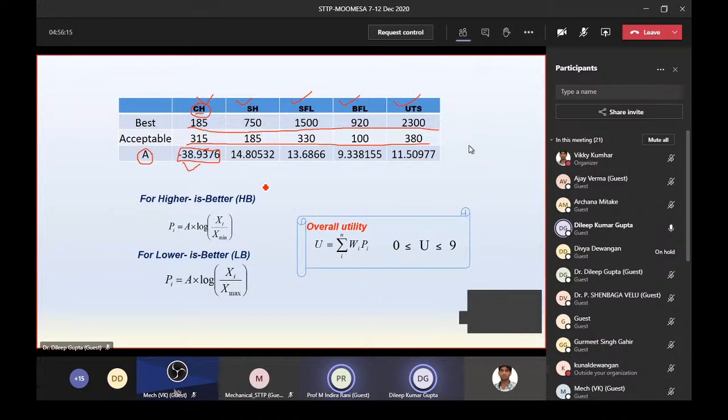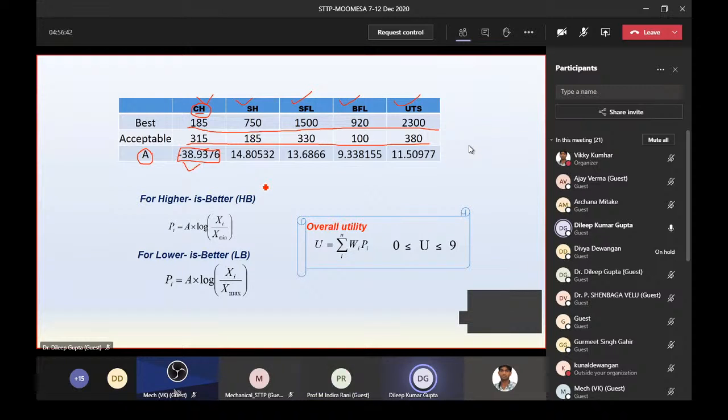Sir, a small doubt. Is the 9 because of the number of alternatives, sir? No, this 9 is a constant value. Okay. Incidentally, it is 9 here, so I wondered whether it was based on that. No, there is no relation between them. It is itself a constant value of 9.